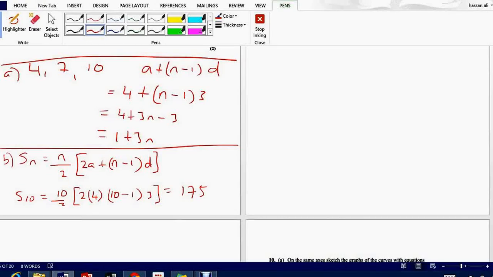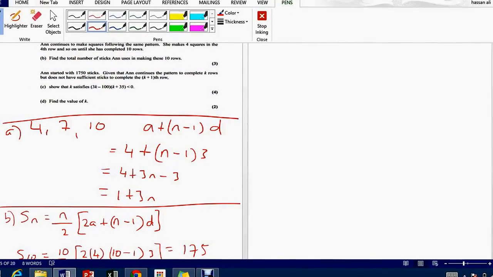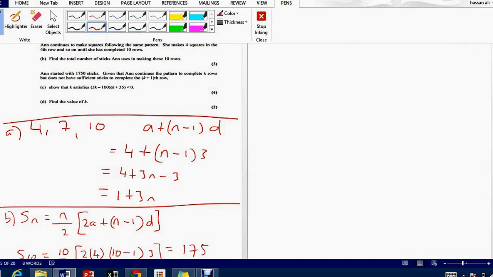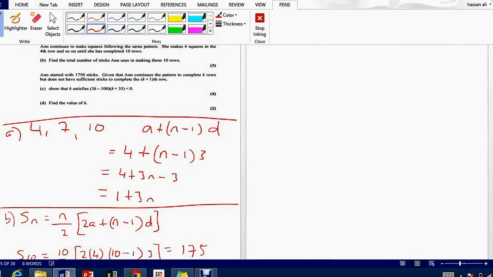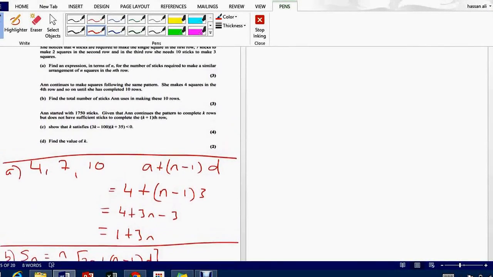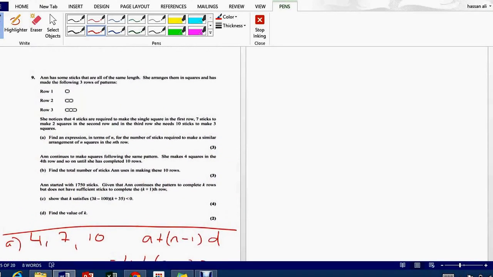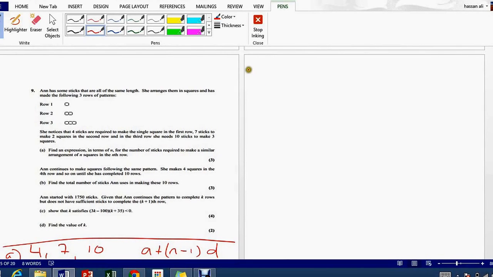Part C is asking you, she started with 1,750. Given that Anne continues the pattern to complete k rows, basically she doesn't have enough sticks. So what we're trying to say is that the sum of your k terms has to be less than 1,750, because she hasn't got enough.